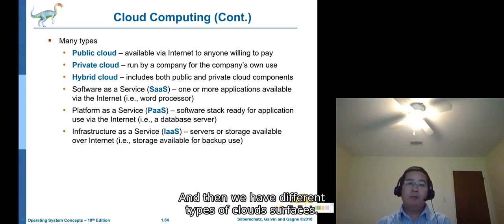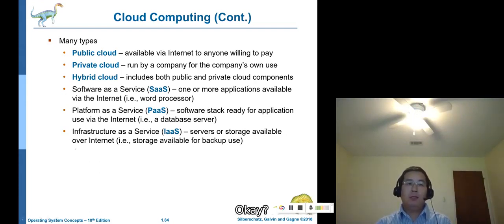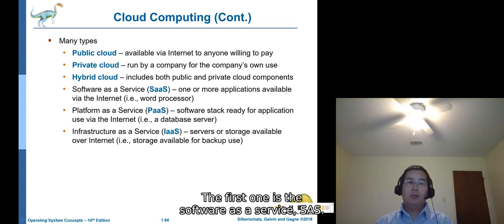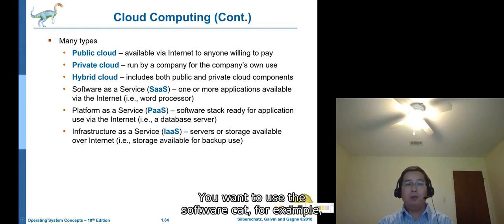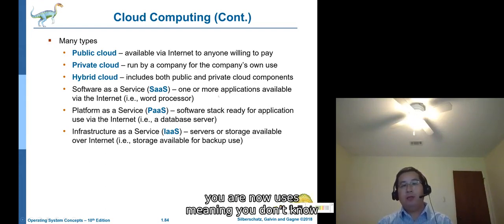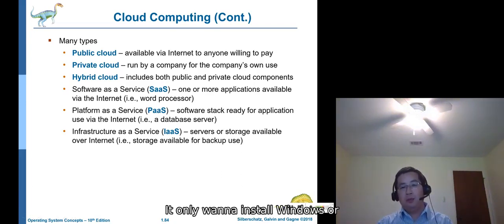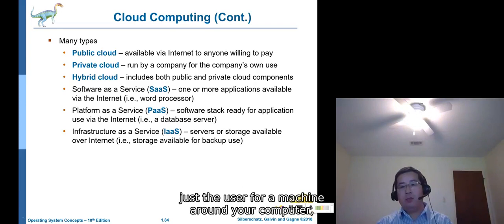And then we have different types of cloud services. The first one is software as a service, SaaS. You want to use the software, for example, you are now using Linux, but you don't want to install Windows Office, or just use a virtual machine run on your computer.